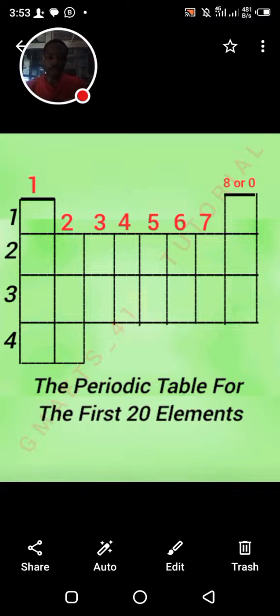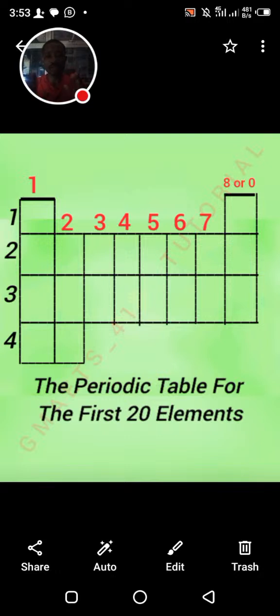Now, looking at the periodic table showing on the screen, you would notice the numberings that I wrote with the black pen. Moving from left to right, we have period 1, period 2, period 3, period 4.